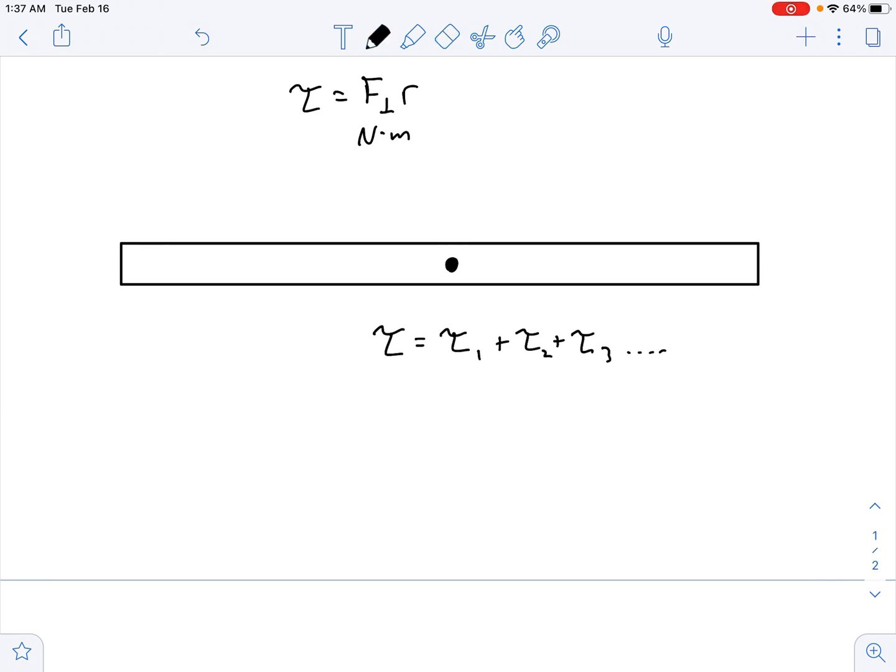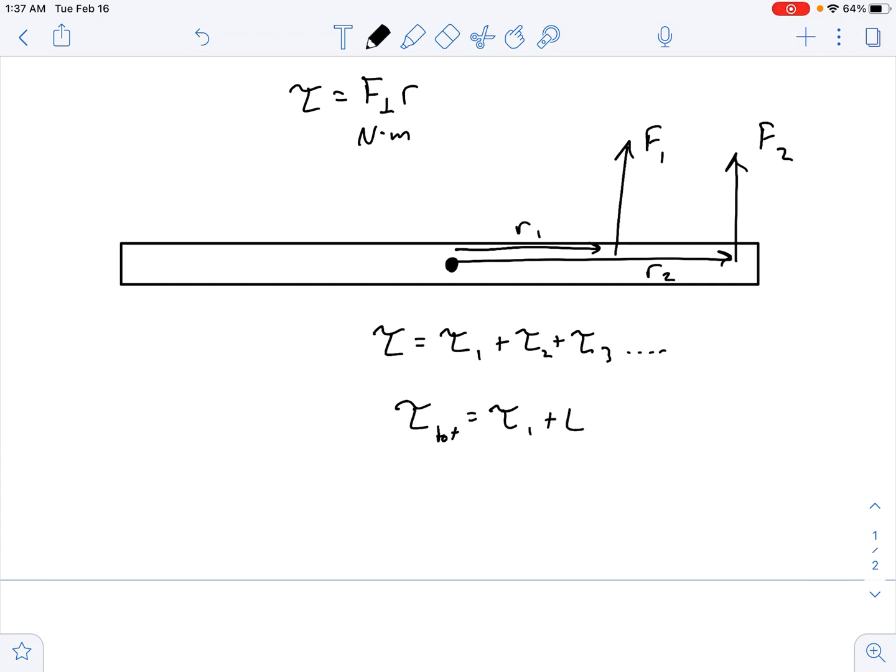If I wanted to know my net torque, if I had, say, a force here and a force here, we'll call these force 1 and force 2, R2, R1, my total torque would just be tau 1 plus tau 2, which is really just F perpendicular times r for each one.